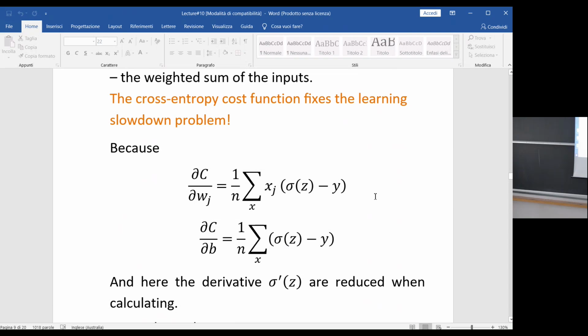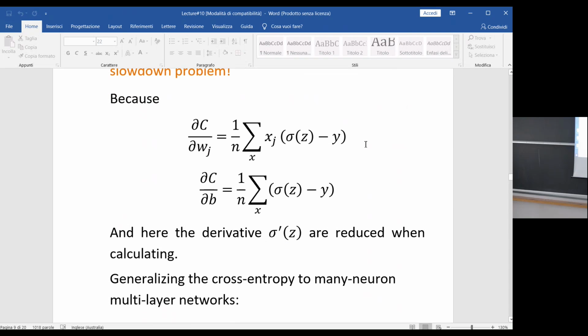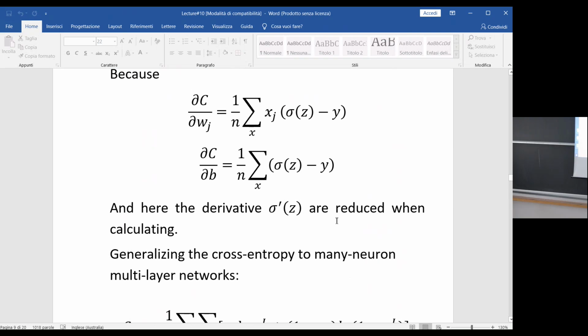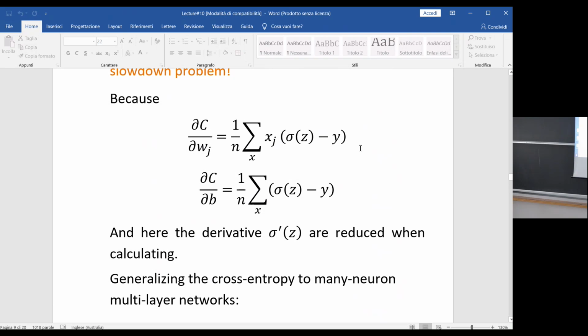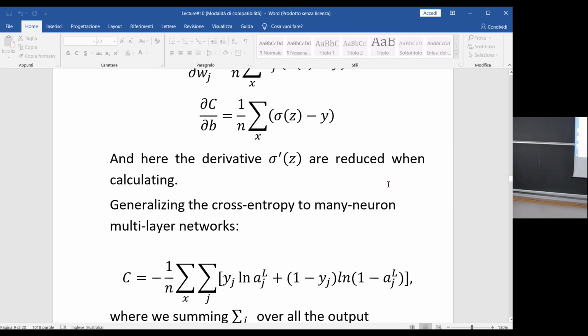So it doesn't depend any more on sigma prime, and we have no more the pathological case that the gradient of our cost function by the weight parameters and the bias parameters can be very, very small.